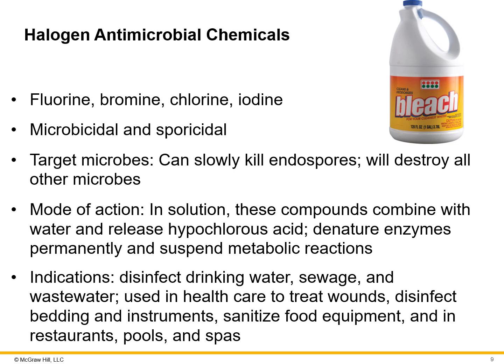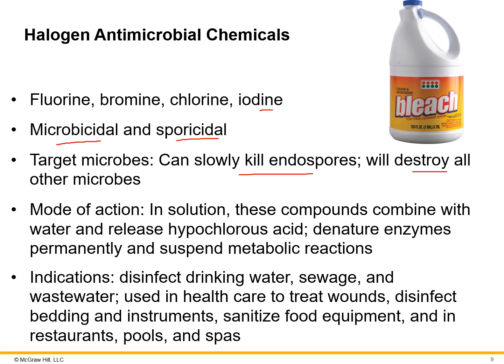Now, looking at some of the specific types of chemicals, one category is halogens, and this is where bleach, a very common disinfectant in healthcare and many industries, comes in, but all of the chlorines, also iodine, and bromine, fluorine, all of these fall into this halogen category. They are microbicidal and sporicidal. Again, cidal means killing. They slowly kill endospores, so given enough time, they can be sterilants, and therefore they can also destroy all other microbes.